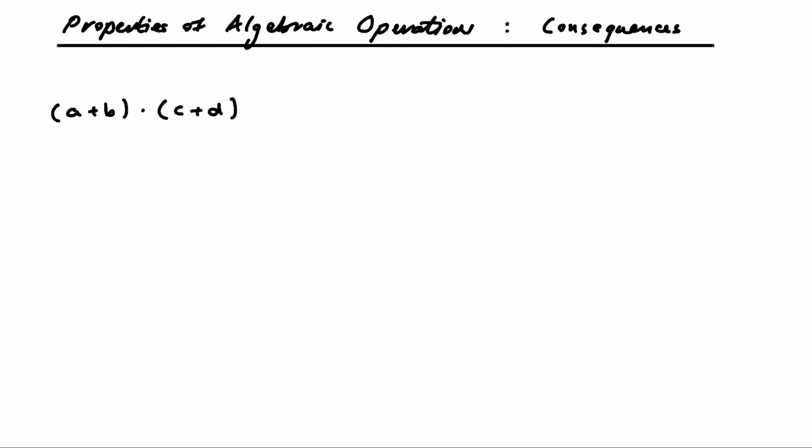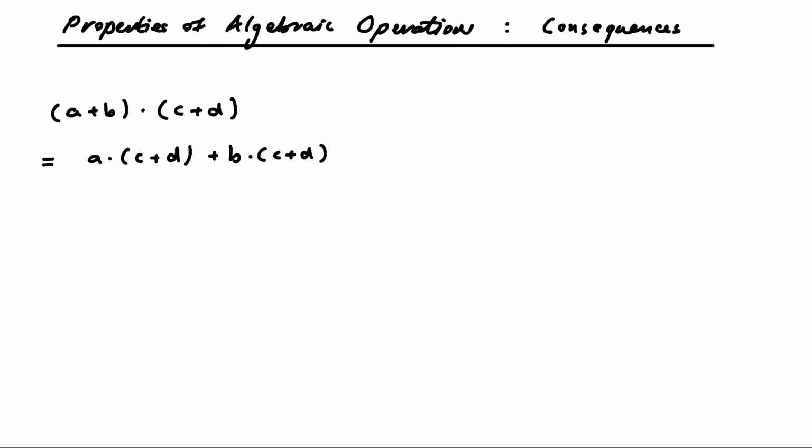So let's apply the distributive property where I break this into two pieces and imagine this is a single thing on its own. So that would be A multiplied by C plus D, plus B multiplied by C plus D. So that's the distributive property applied once.